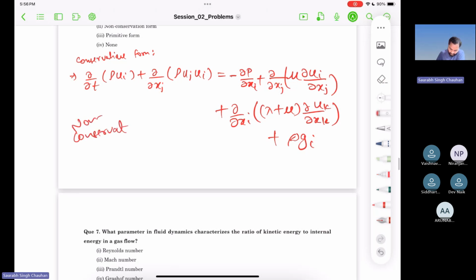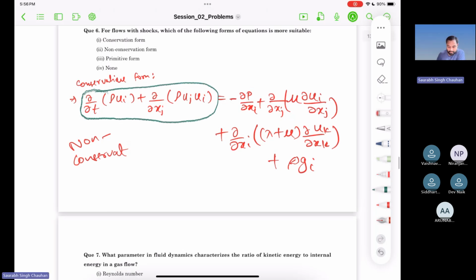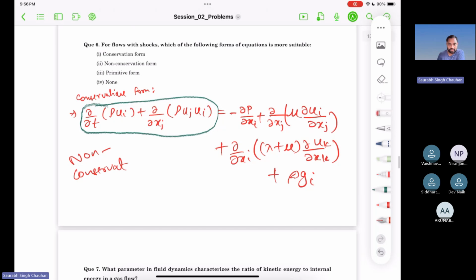And the non-conservative form you already know. How do you derive the non-conservative form? You just expand this term using the chain rule. Then you use the mass conservation: you subtract the mass conservation equation after expanding this term.